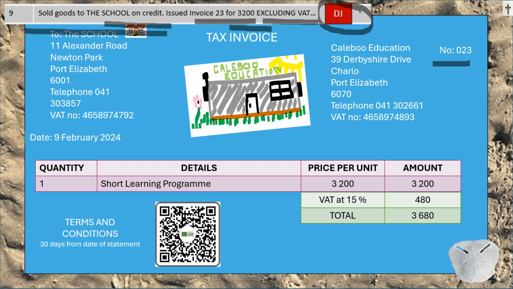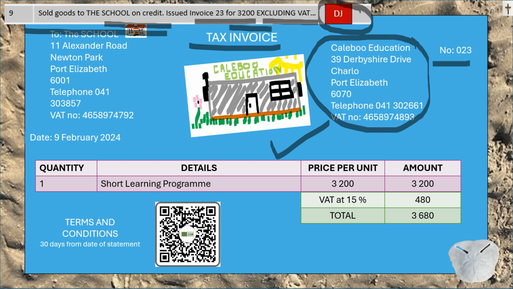In the debtors journal. So this transaction gets recorded on a source document, a tax invoice. Caleboo Education sold to the school on credit, including VAT, 3680. So we've done documents.